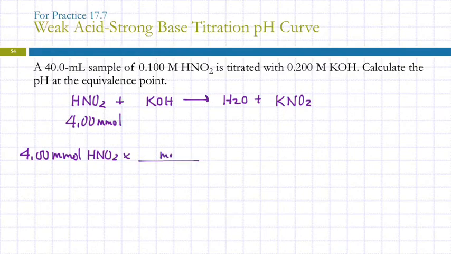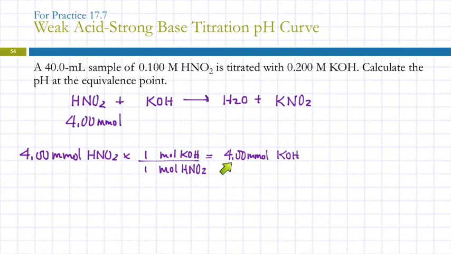And what's the ratio of KOH to HNO2? One to one. It actually doesn't matter. At the equivalence point, the moles of acid are equal to the moles of base. The moles of hydroxide equals the moles of hydrogen.